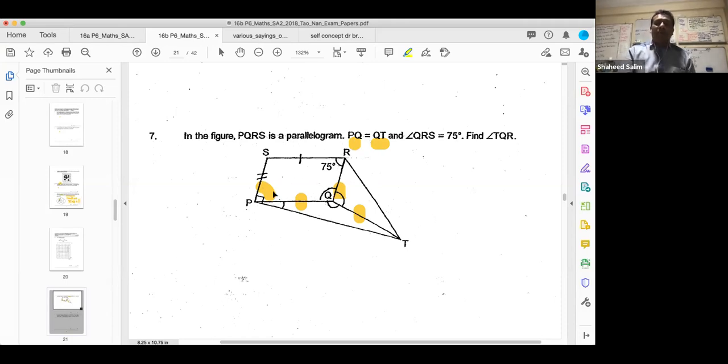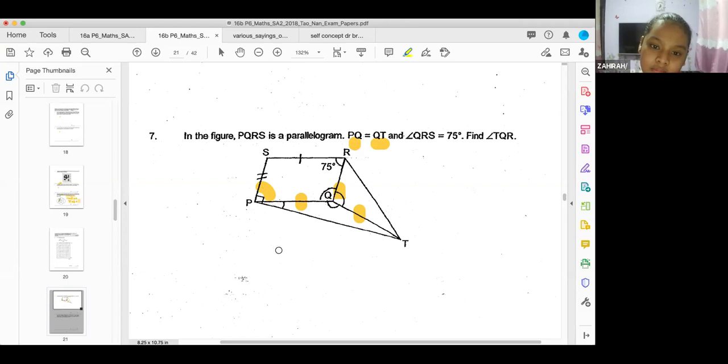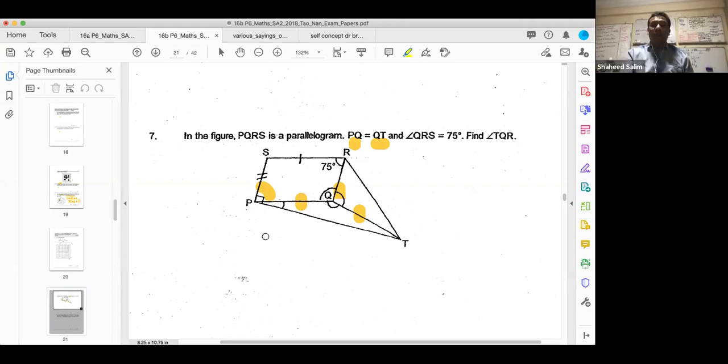Okay, so down here is 75. So we ask Sophia and Shafika, this small angle here is how much? This one is 75 because same, right? Parallel. This parallel to this. So how much is it? 15. So 90 minus 75. So this small angle here is 15 degrees. And then you must read the question carefully because they tell you PQ is equal to QT.